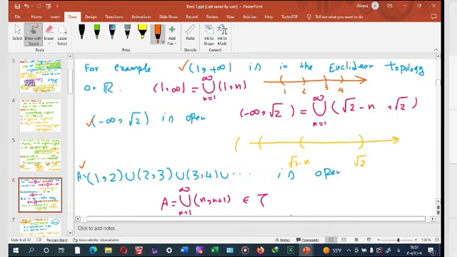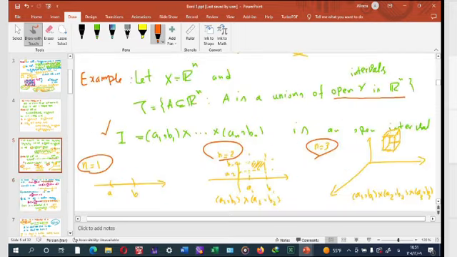The union of all of these equals this, and from 1 up to infinity. And we know that all of these are open intervals, and this union must belong to tau.